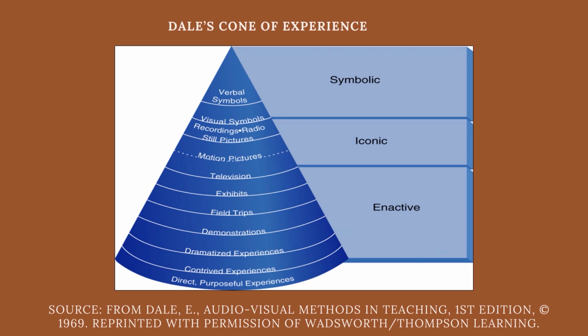For example, if I want to select some of the students and let them get out and give me a dramatic act, when I'm doing that, I'm actually giving the student the opportunity to get a real life experience.